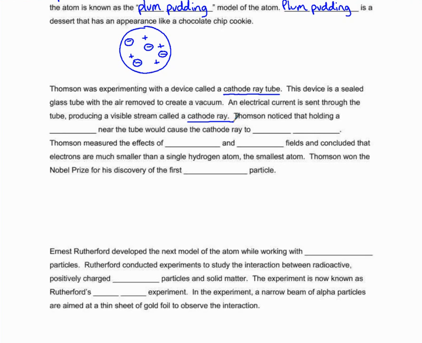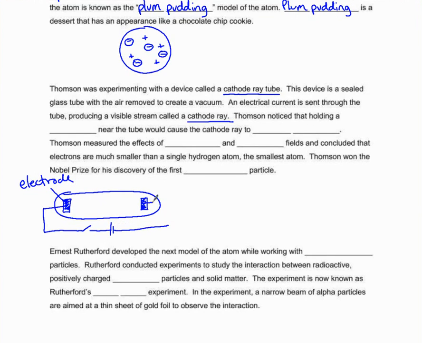So first, let me draw a basic picture. So here is the tube. This is an electrode. This is an electrode. So let's label these. And make it look like a real circuit. Here's a switch.